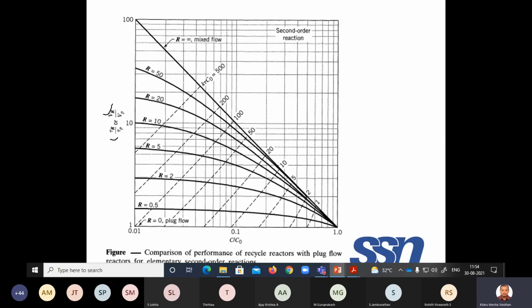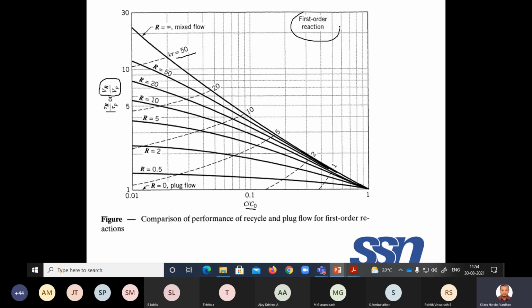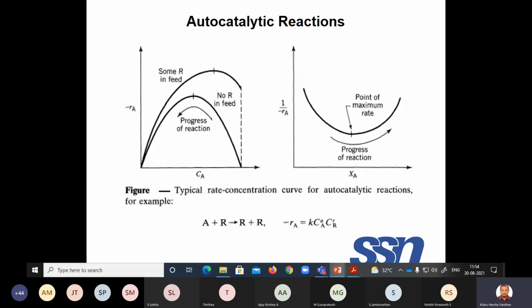This is the comparison of the performance of a recycle reactor with plug flow for an elementary second order reaction. For a second order reaction it is this, and for a first order reaction it is this, because as the order changes, the performance will change because the kinetics are changing. Am I right? So that is what I want to tell.